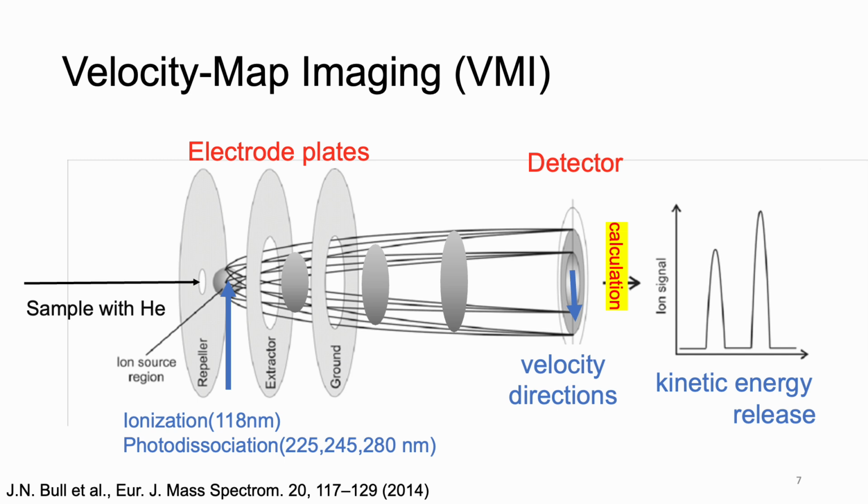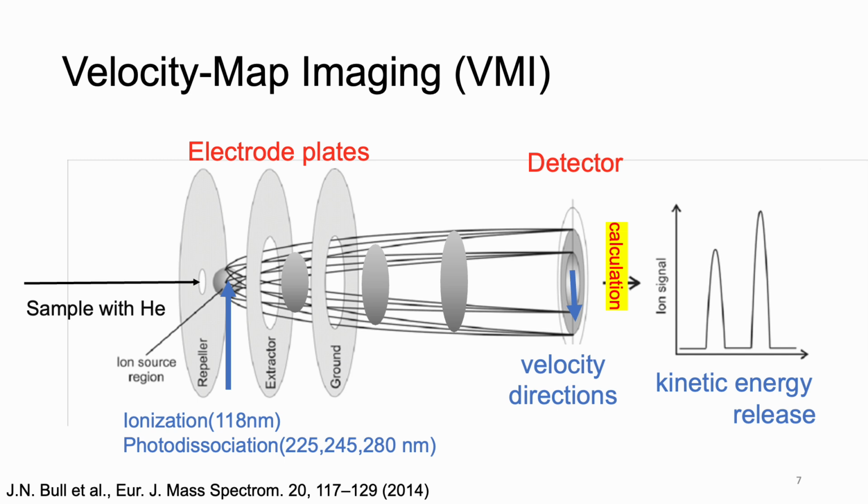The VMI ion lens consists of a repeller, extractor, and ground electrodes. The repeller plate has a hole in the center to let the molecular beam reach the intersection region, and the extractor and ground have holes in the center to transmit the expanding Newton sphere scattering distribution to the flight tube.